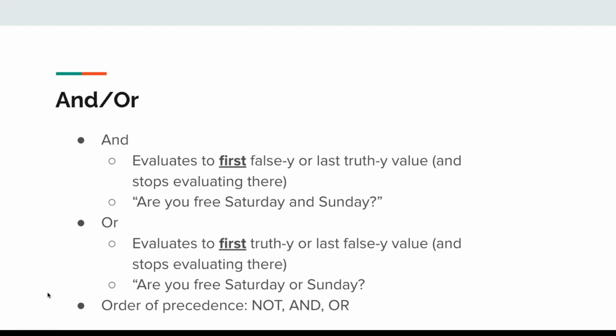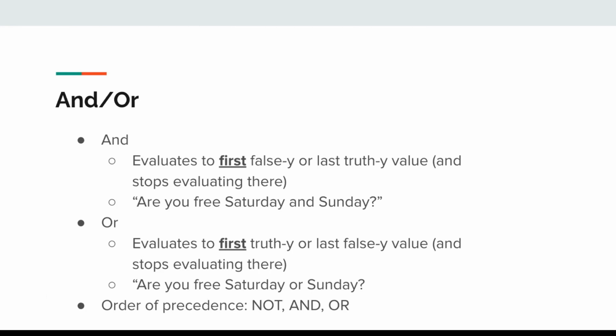We have these two Boolean operators, and and or. And evaluates to the first falsy value or the last truthy value, and it stops evaluating there. For an example in normal language, you can think of and as: are you free Saturday and Sunday? And or evaluates to the first truthy value or the last falsy value and stops evaluating there.